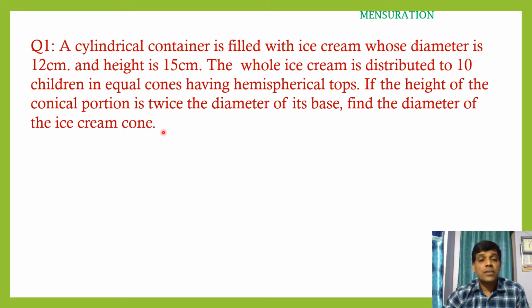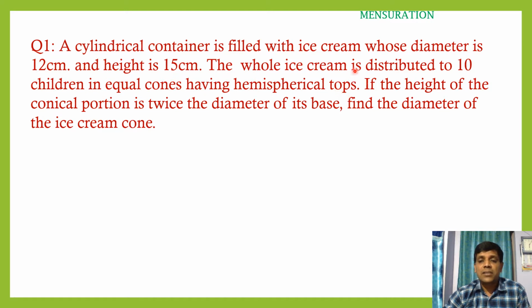So what is the given question? A cylindrical container is filled with ice cream whose diameter is 12 centimeters and height is 15 centimeters. This is the first solid, the cylinder. The whole ice cream is distributed to 10 children in equal cones having hemispherical tops.